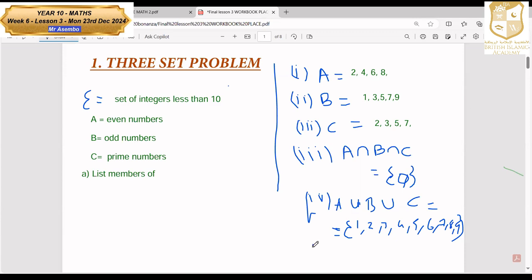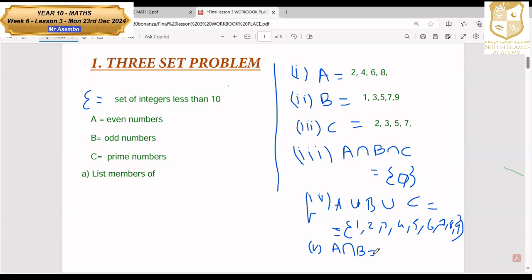Now, Roman 5, Johara, A intersection B. Do you have it, Johara? Yes, teacher.